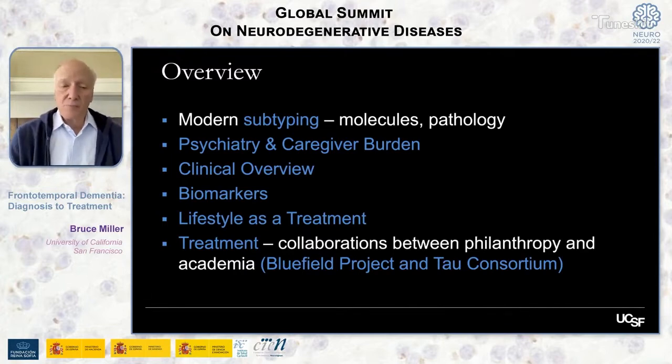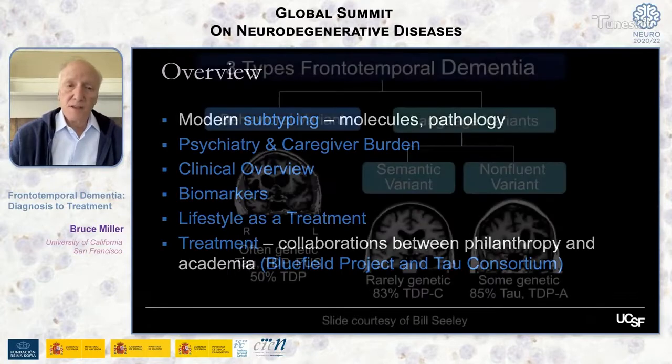Following that, I will give a brief clinical overview of frontotemporal dementia, talking about biomarkers, lifestyle as a potential treatment, and a little bit talking about how basic science is going to change our treatments for these degenerative diseases.